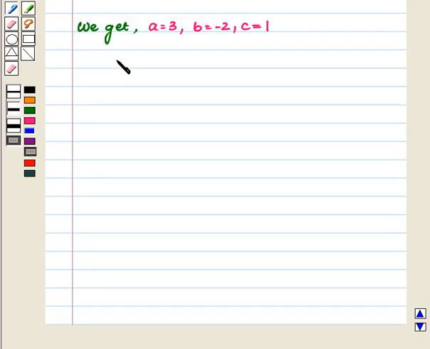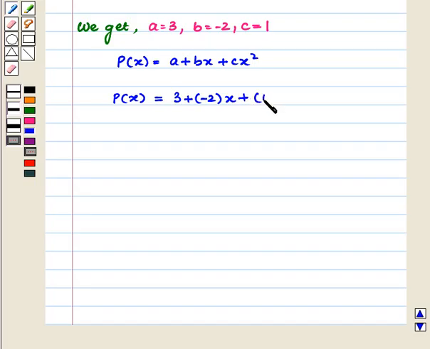We put these values in p of x equal to a plus bx plus cx square and we get p of x equal to 3 plus (-2) into x plus 1 into x square.